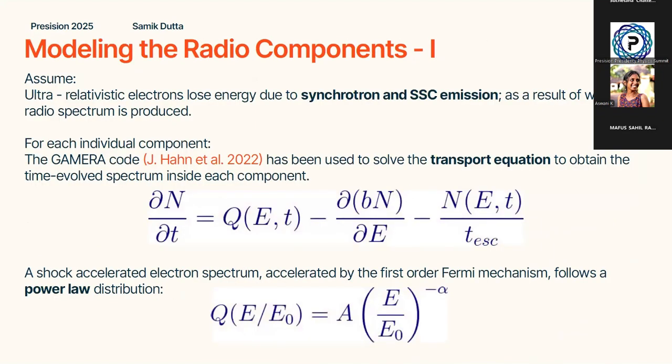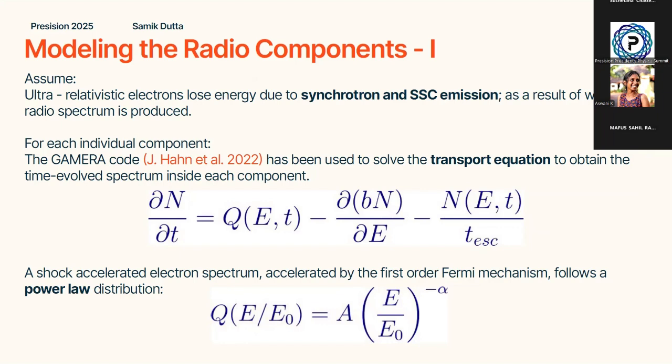So now how do we model the radio components? Previously, when you saw the VLBA observations, we saw that there were 4 radio-emitting regions in the jets. What we did is model these radio-emitting components with synchrotron and SSC emission. We have used the GAMERA code to solve the transport equation as shown here, in which N stands for the number of electrons at a particular energy and time.